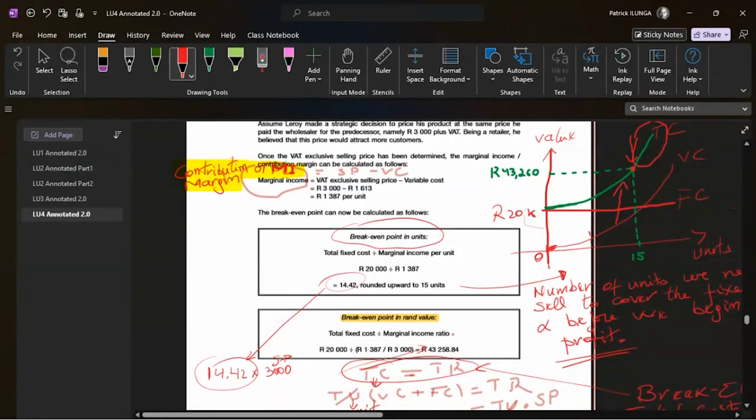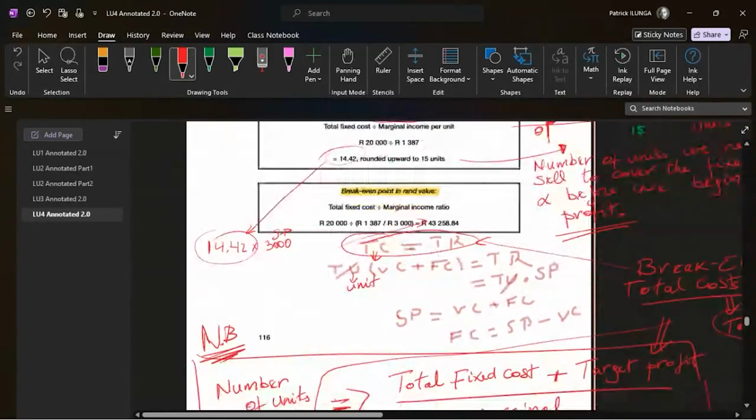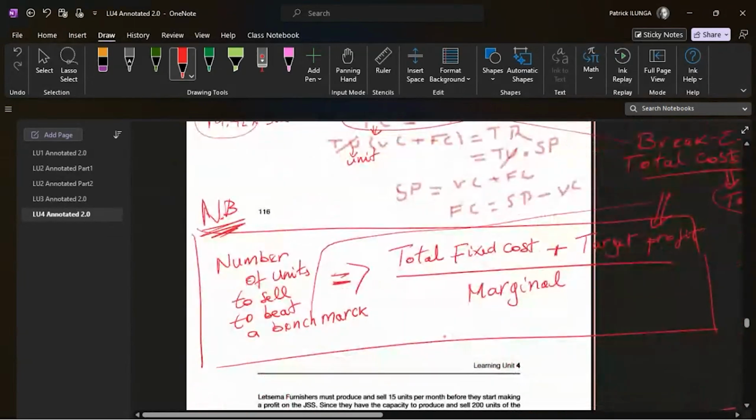But in this case, you just take the marginal income divided by 3,000, and then you take the 20,000 fixed costs, you divide that by it, and you will find exactly this amount. Check your calculators, play with it around.